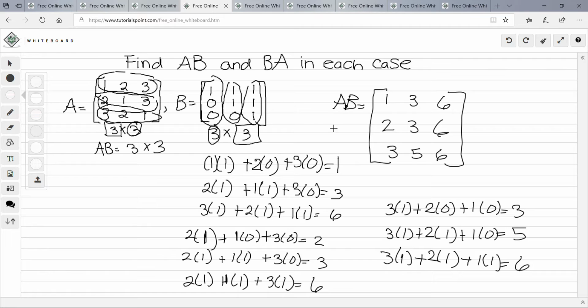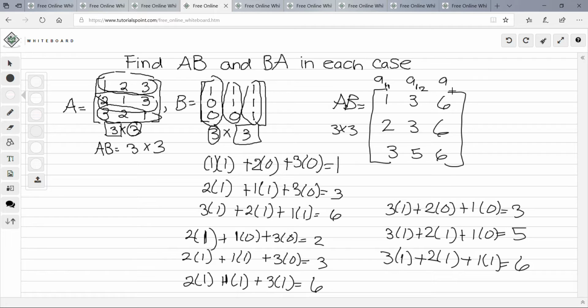So we know it's a 3 by 3. And then we also have column numbers. So this is going to be A1,1, because this is row 1, column 1, right? This is going to be A1,2, row 1, column 2.